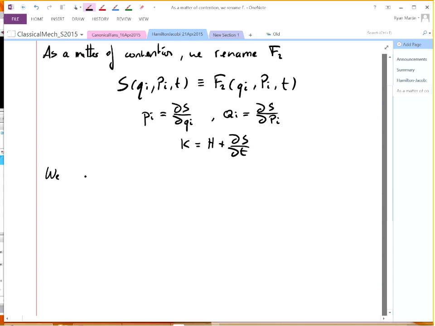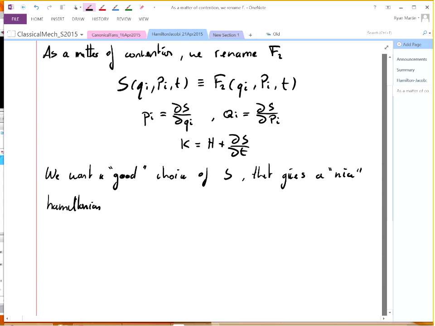So you want a good choice of S that gives, let's say, a nice Hamiltonian K. All right, so we want a good transformation that's going to make things really easy for us.